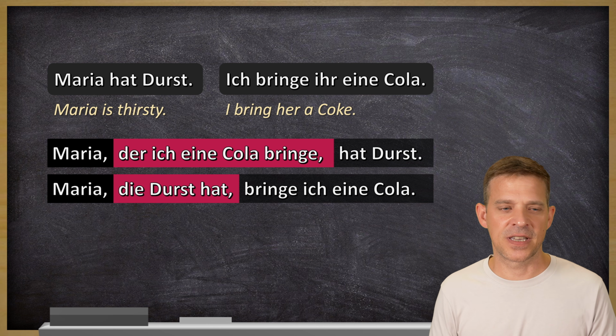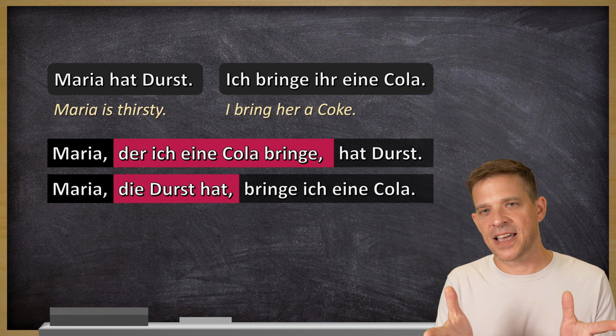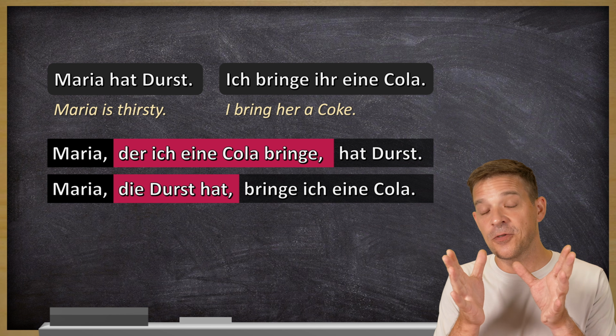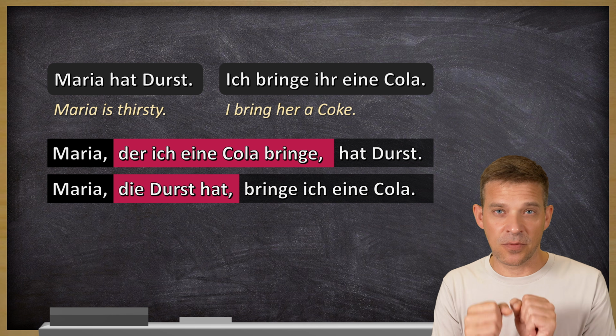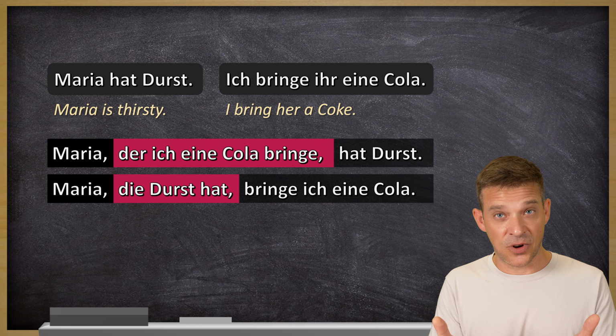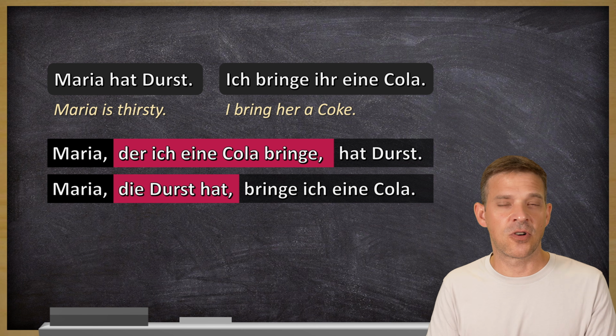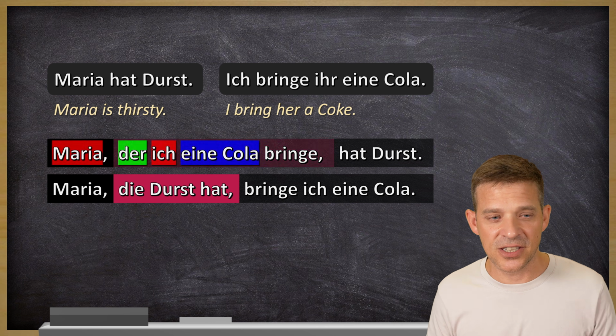Both are perfect sentences, both are possible. If the information that Maria is thirsty is more important to you, then you would use the first sentence. If you think that I bring her a Coke is the more important information, then you would use the second sentence. But important here in terms of cases.